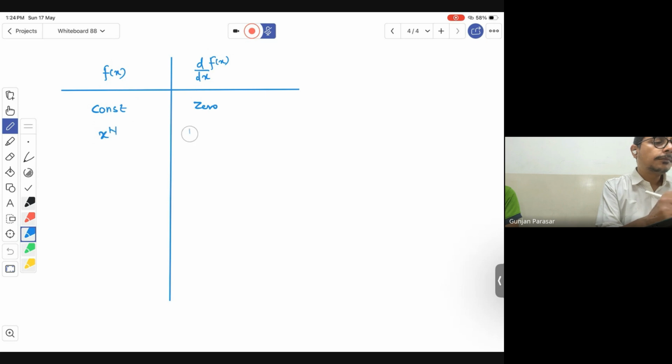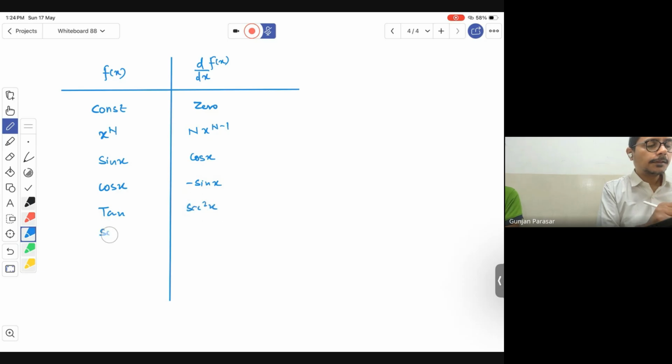For x power n, it is n times x power n minus 1. Sin x, his brother cos x, so the derivative is cos x. Cos x's brother is sin x, but he's a bad brother, he brings minus 1. Tan x gives secant square x. Secant x gives secant x into tan x.